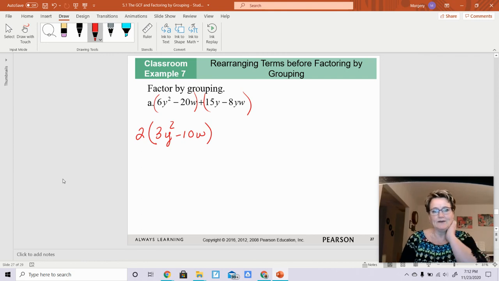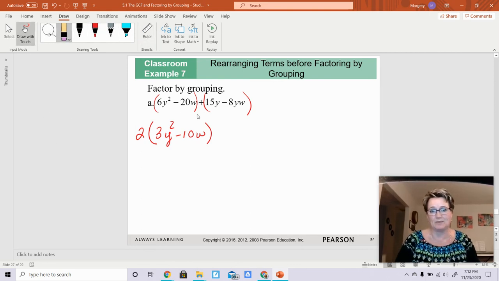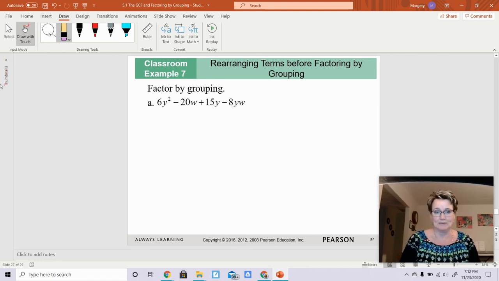This one here shares, this one's not going to help me. So factor by grouping. I think I'm going to have to rearrange these, otherwise I can't do this problem. So I'm going to try to put my y's together.